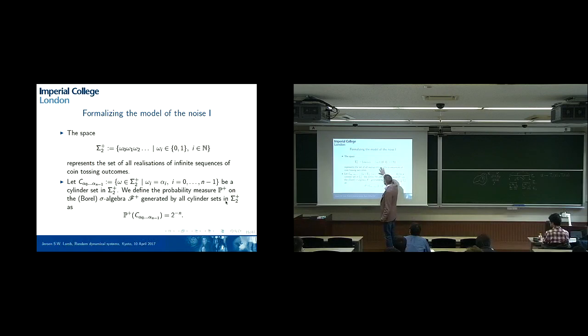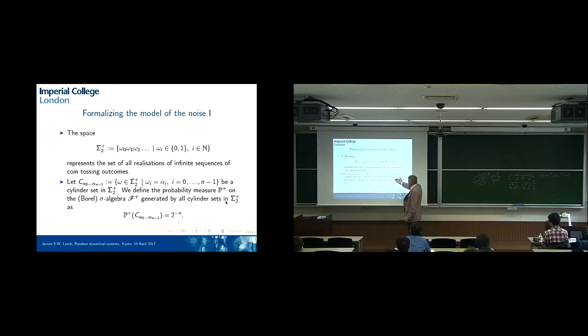And I take the set of all realizations of coin tossing. And I can define the cylinder set: if I have a certain coin tossing with a certain set of symbols, that is a cylinder set.